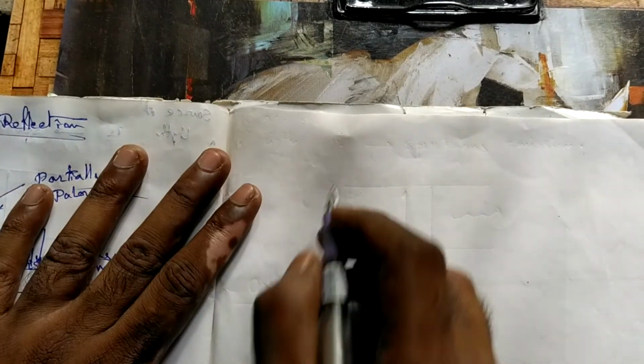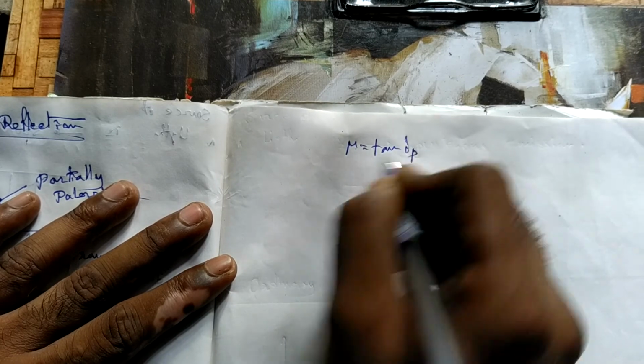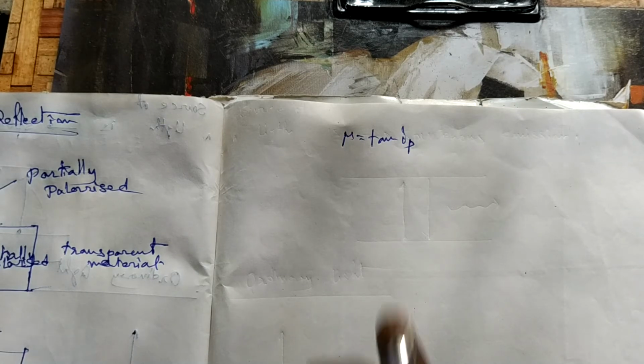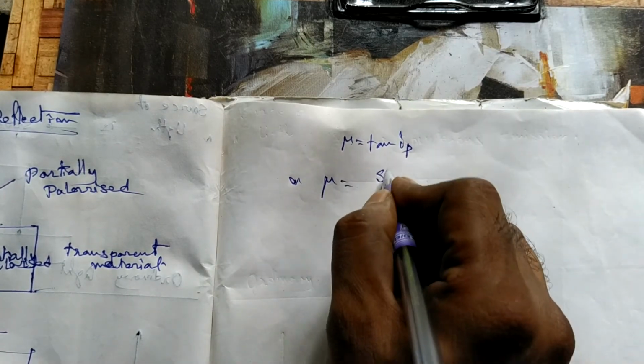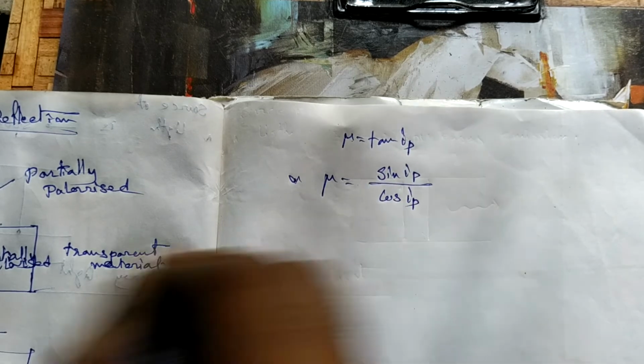So let's prove it. We have the equation mu is equal to tan IP. This is Brewster's law: the refractive index is equal to the tangent of the polarization angle. We can rewrite this as sin IP by cos IP.